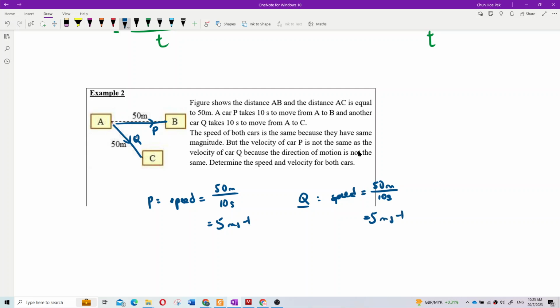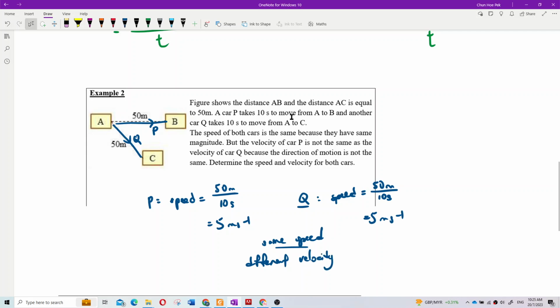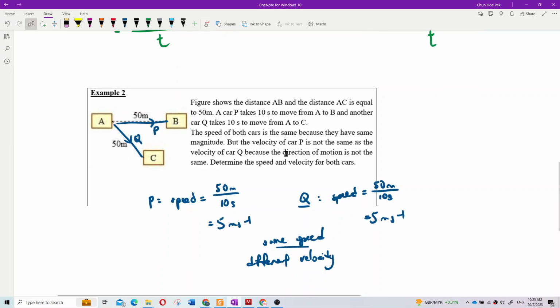But the thing is, they have the same speed, but different velocity. Why, class? Why different velocity? Because the direction is not the same.